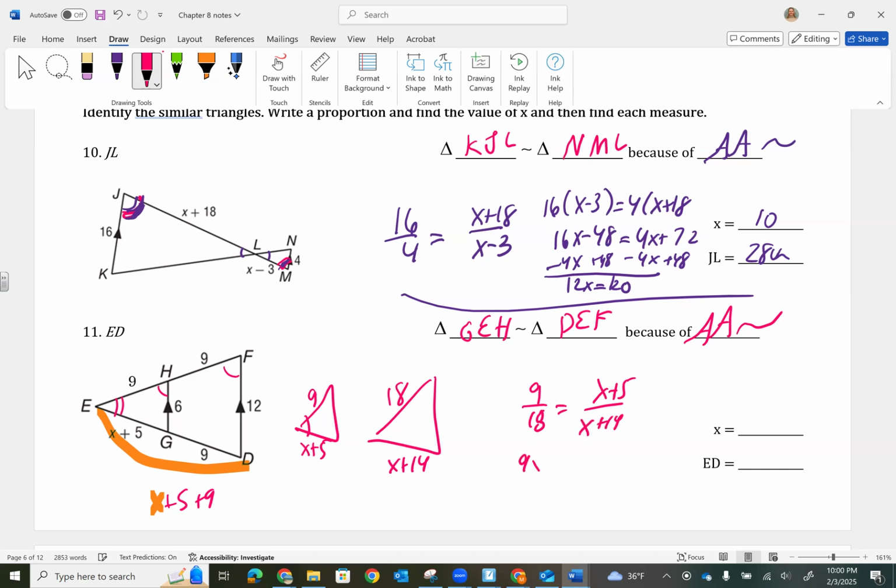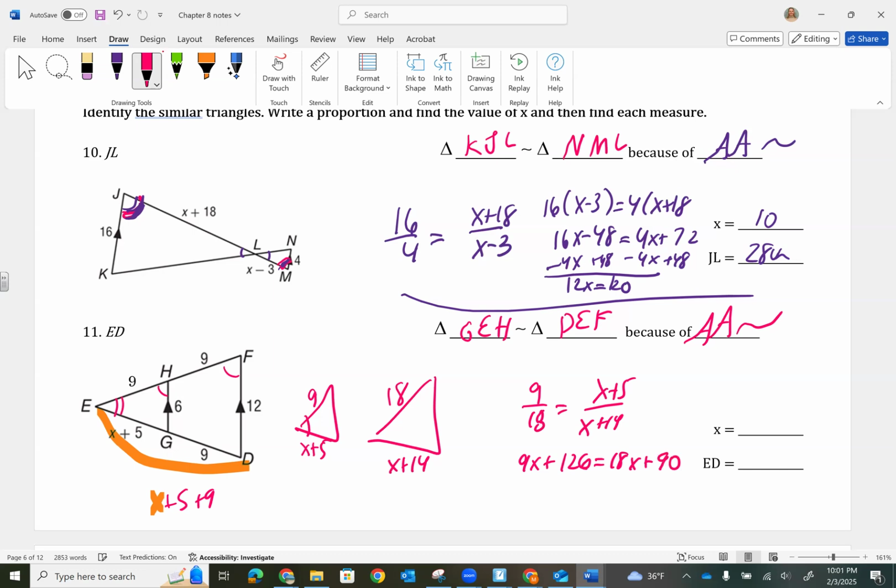You get 9x plus 9 times 14. I'm too tired, I'm just going to multiply on my calculator. 9 times 14 is 126 equals 18x plus 90.